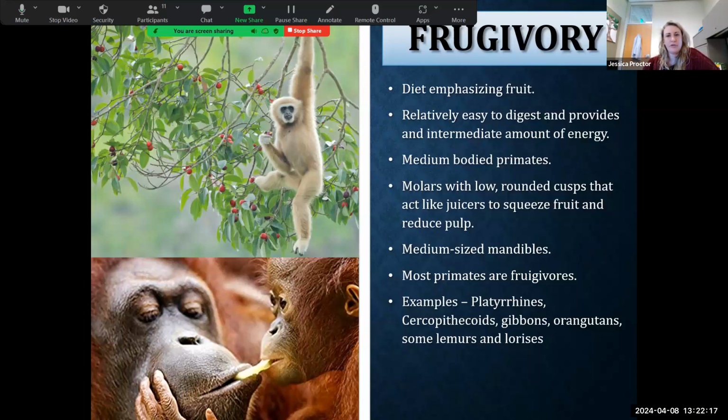So frugivory, mainly fruit eating, is relatively easy to digest and provides a medium amount of energy. Frugivores are medium-sized primates with medium-sized mandibles, and molars with low rounded cusps that act like juicers to squeeze fruit and reduce pulp.